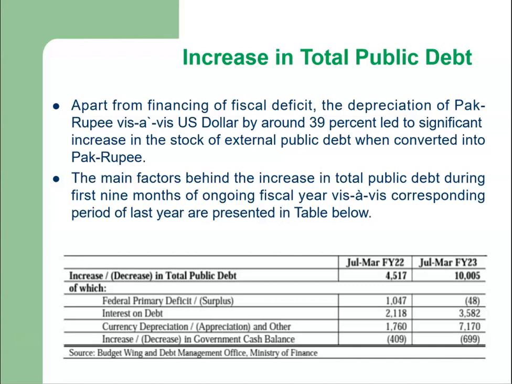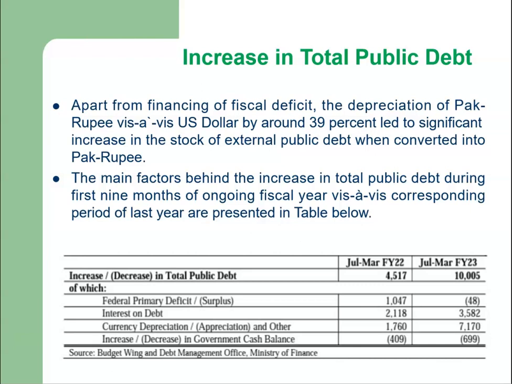there is an increase in total public debt, and that is equal to 10,005 billion rupees, which comes to 10 trillion Pak rupees, as against 4,517 billion rupees last year in July-March fiscal year 22.